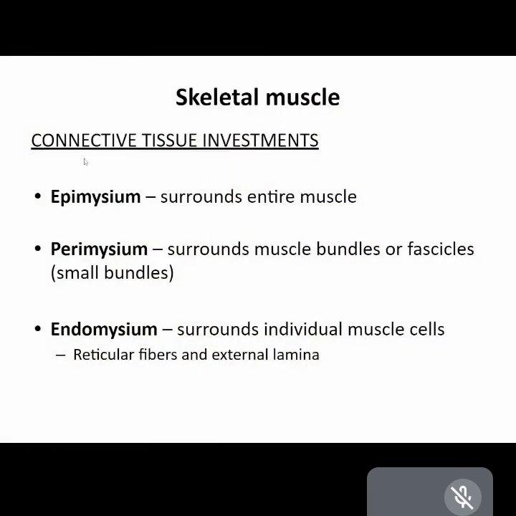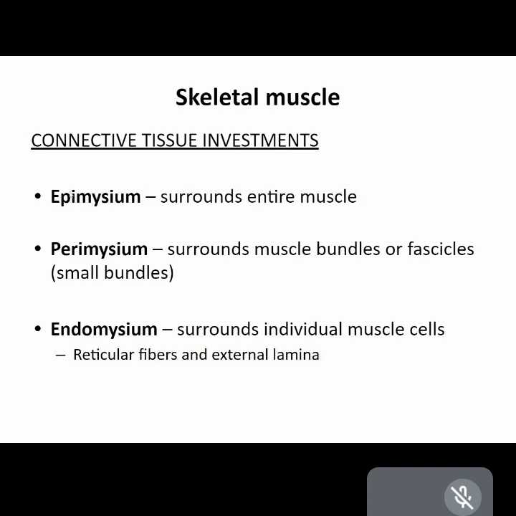So skeletal muscles, connective tissue investments, there are three: epimysium, perimysium, and endomysium. So it's the same as the one that we had in our connective tissue in the bone and the cartilage, the perichondrium. So for the muscle, it's called mysium for muscle.